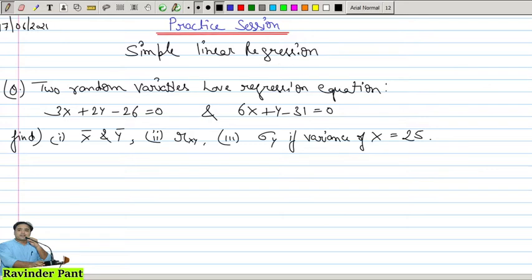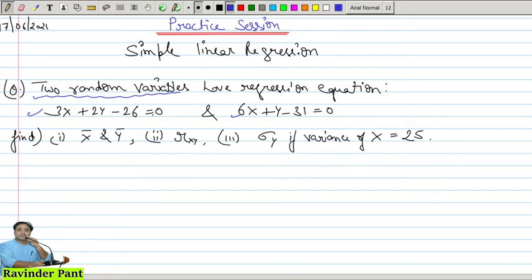So what do we have? We have two regression equations, and we don't know which one is y on x or which one is x on y. But these two equations will serve the purpose for the two random variables.